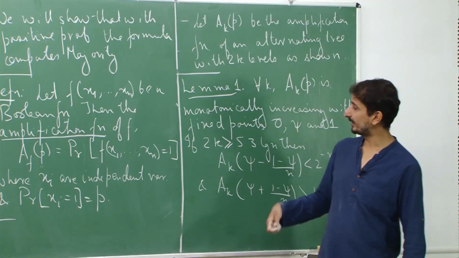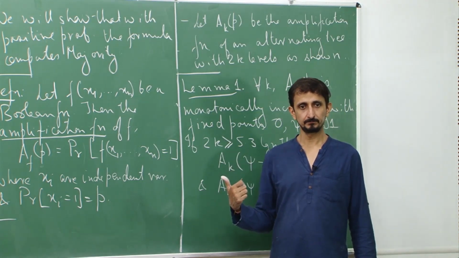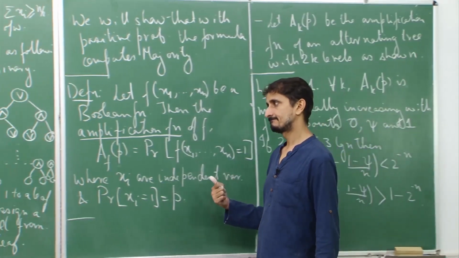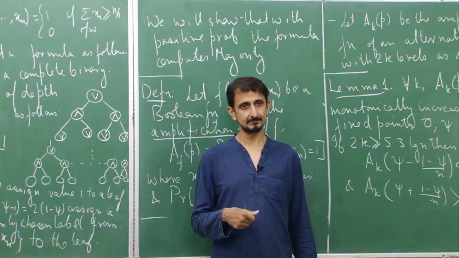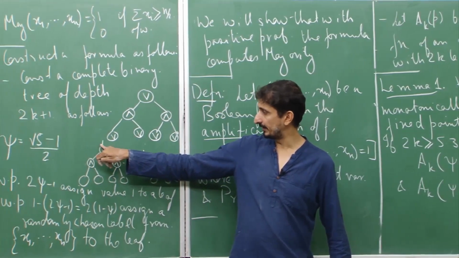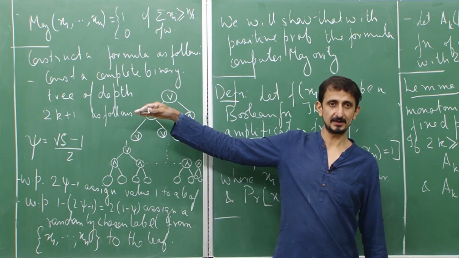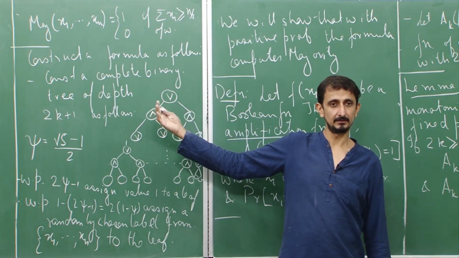How do you define A2(p)? A1(p) is basically the probability over here, and A2 will be after 2 more layers.